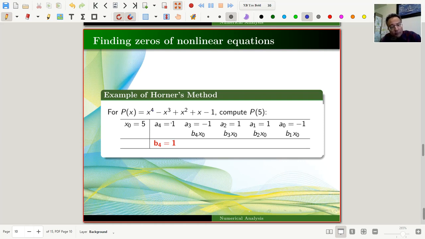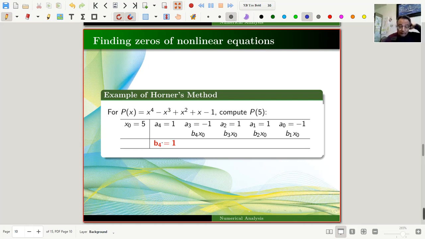So you have to put a4 equal to 1. The coefficient of x3 is minus 1. The coefficient of x2 is 1. The coefficient of x is 1. The coefficient of x0 is minus 1.